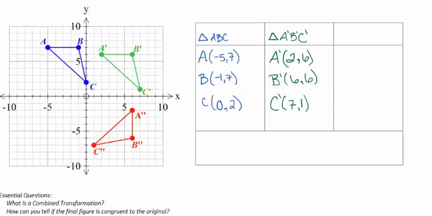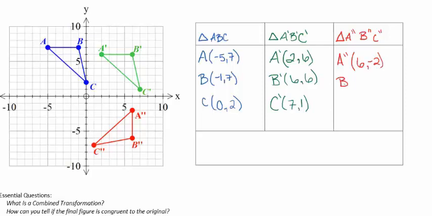And then I'm going to continue this process of identifying the information, organizing the information, and I'm going to list triangle A double prime, B double prime, C double prime. So for A double prime, the coordinate is 6, -2.